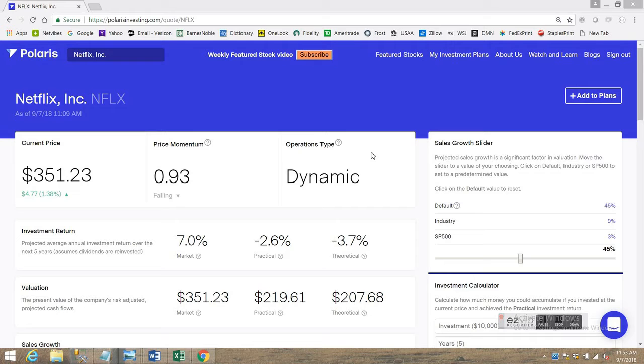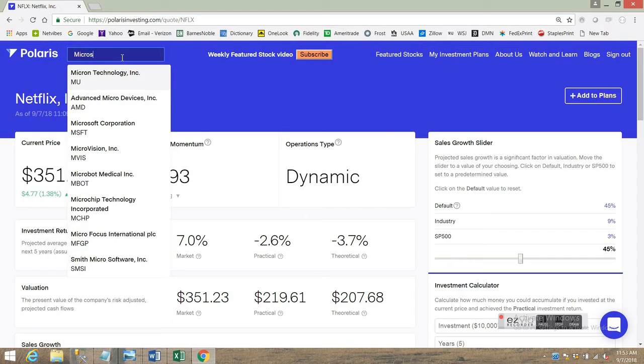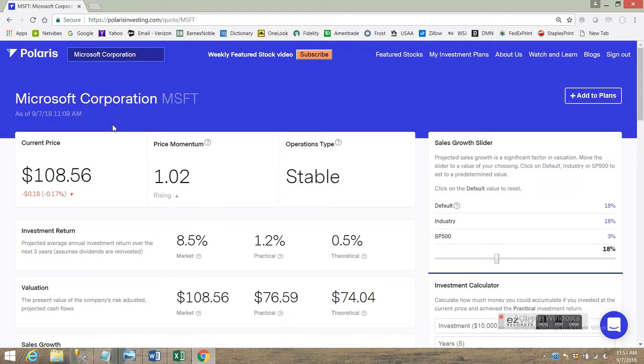An example on the other side, where it might make sense to extend the competitive advantage period, would be a company like Microsoft. It's considered to be stable by Polaris, but it's going through some resurgence as of late, particularly in the cloud space with its Azure offering.